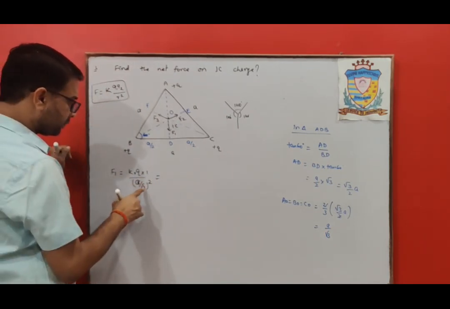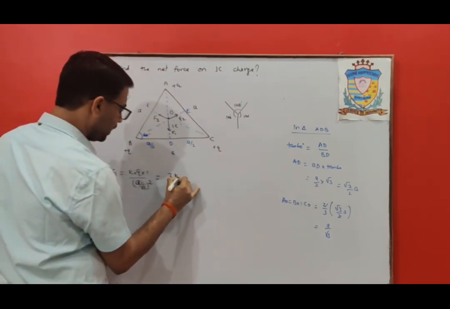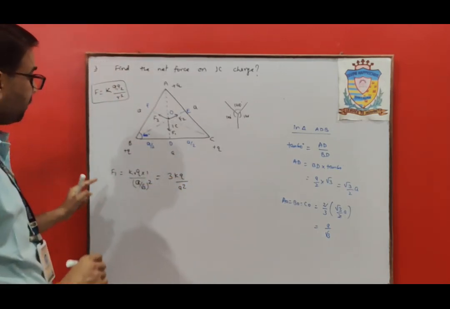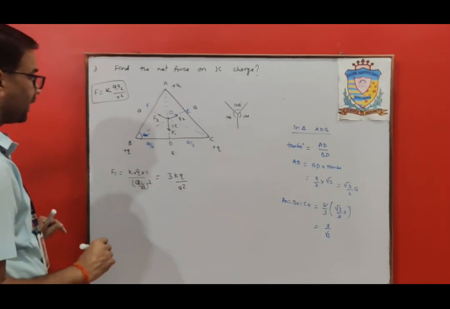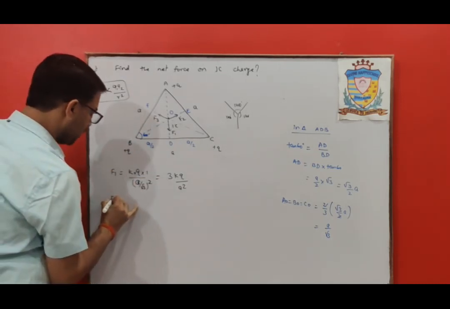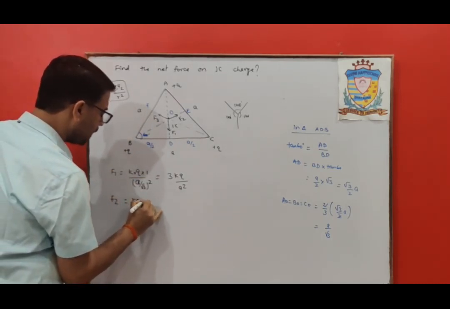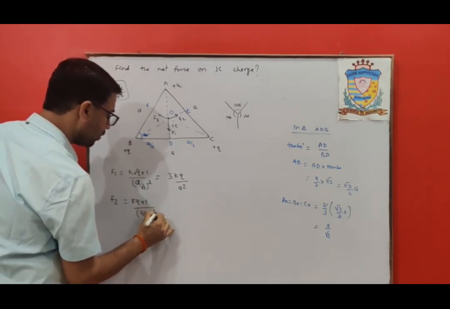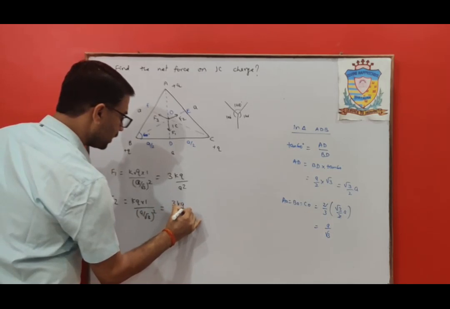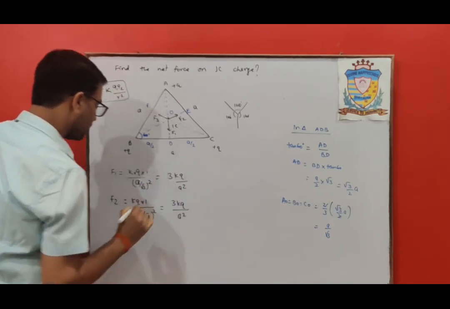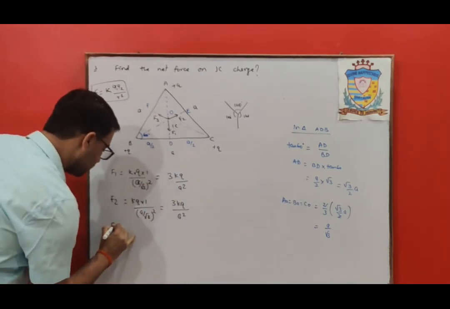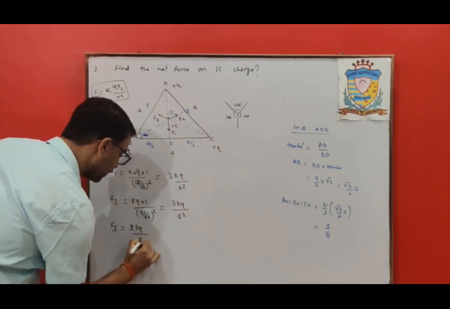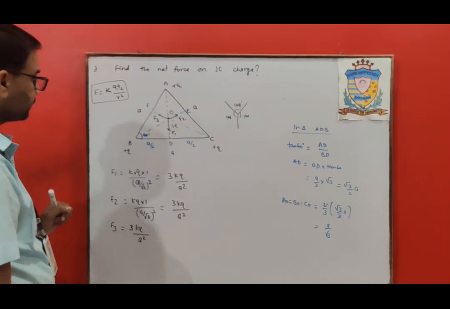This becomes 3kq upon A square. Similarly, if we find F2 and F3, we will get the same result. So F2 is equal to kq into 1 upon A by root 3 whole square, that means 3kq upon A square. And similarly F3 is equal to 3kq upon A square.